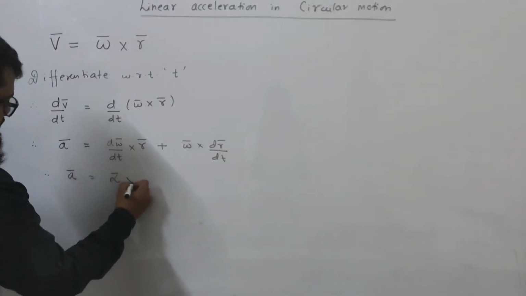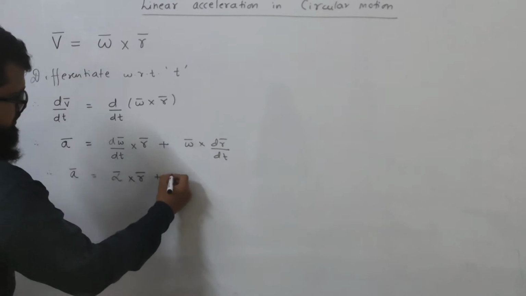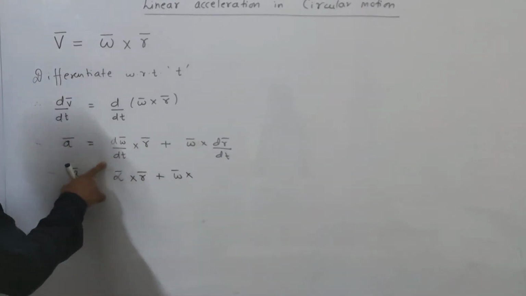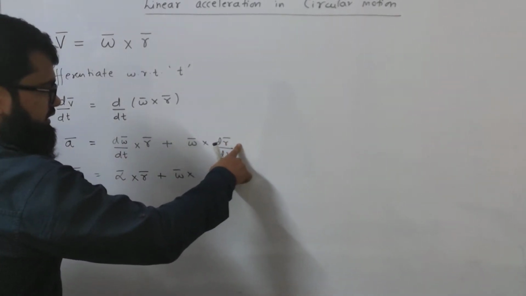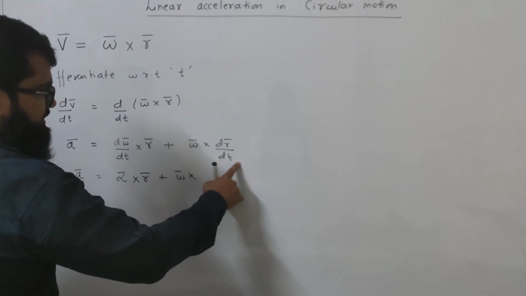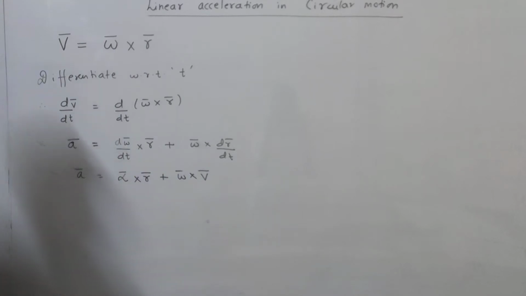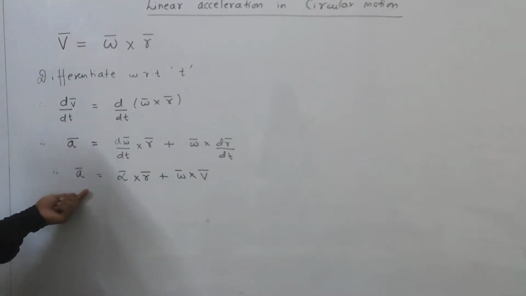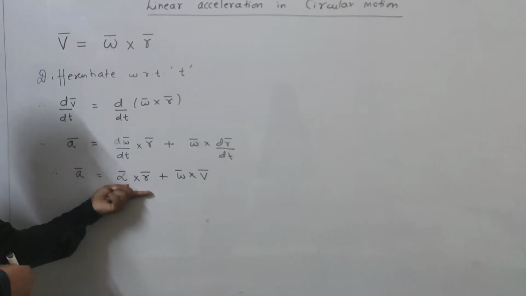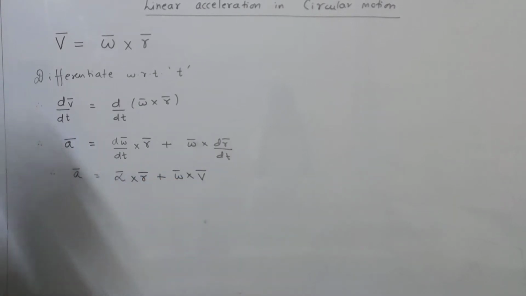It is alpha bar, change in angular velocity with respect to time. The change in radius vector, or the position vector, with respect to time will give you linear velocity. Now the linear acceleration consists of two parts, which is alpha cross r and omega cross v.